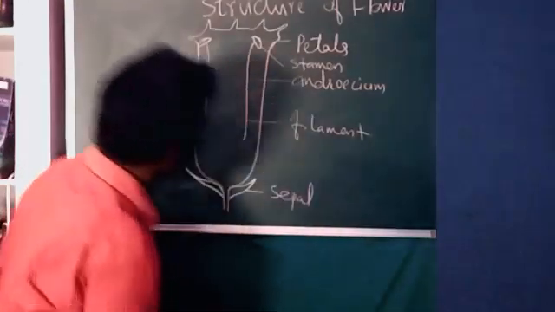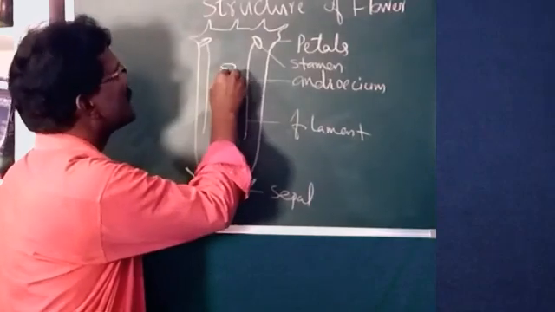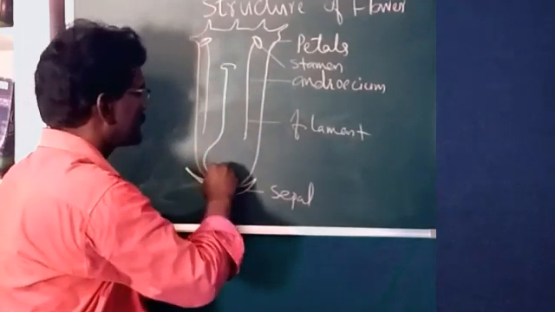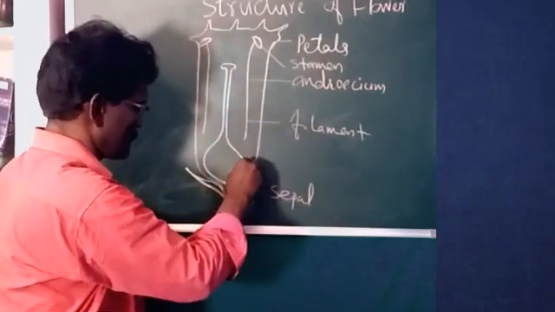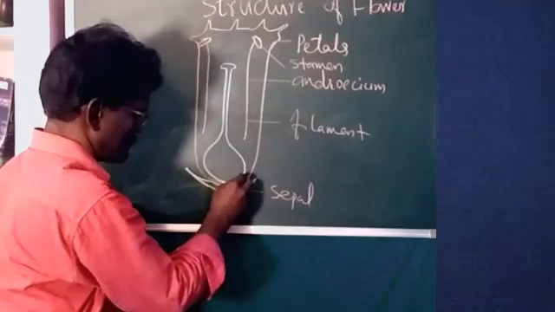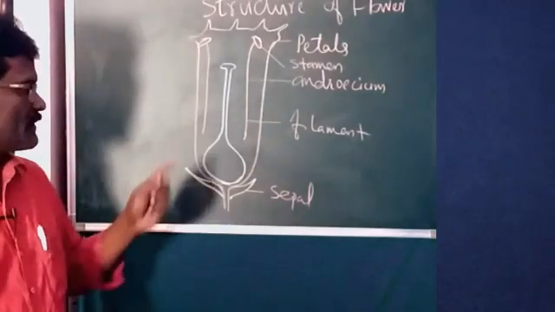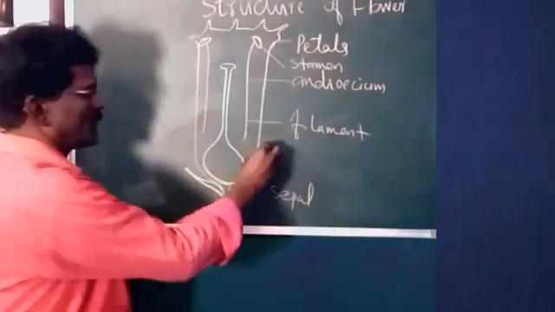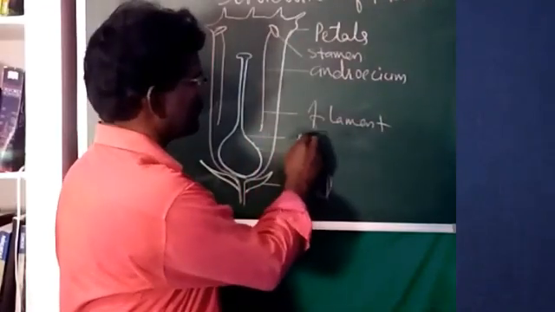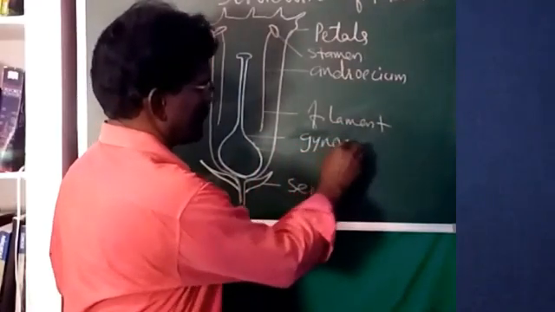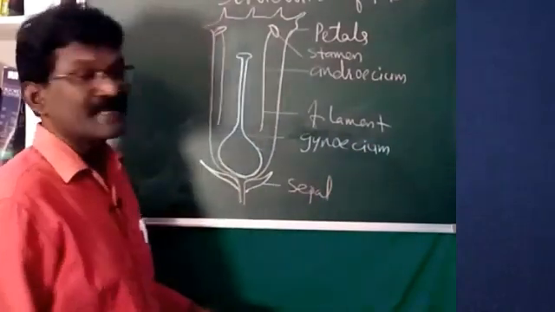In the central part you can find the female reproductive part, which consists of mainly three parts. The female reproductive part is called the gynoecium. We call it carpels.